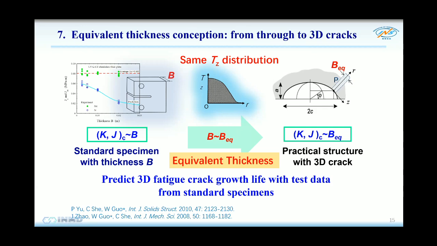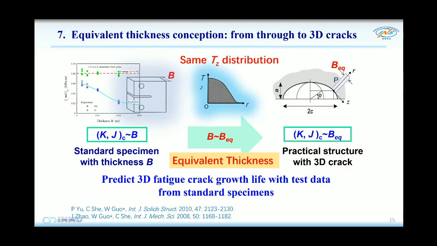So we propose an equivalent thickness criterion. Use this one, the same distribution along each point of the curved crack, and the same with the thin through-thickness crack, the middle ply, we call this equivalent.